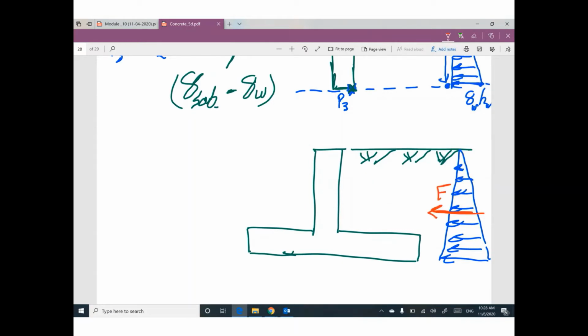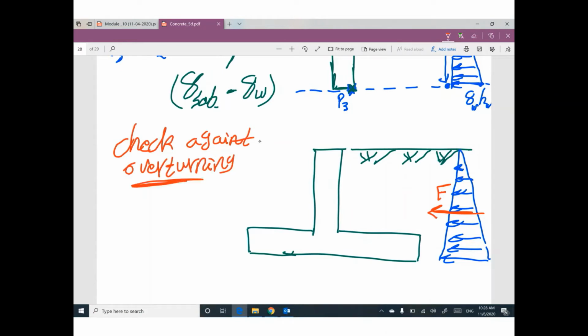We need to check against overturning. I have a question. This retaining wall will be overturned about which point? I believe this point.